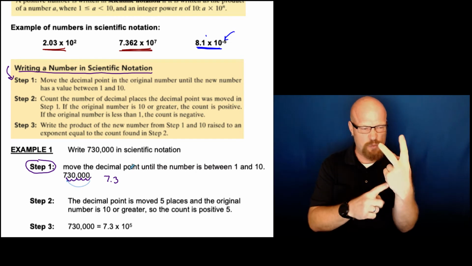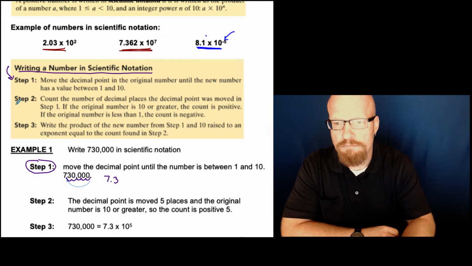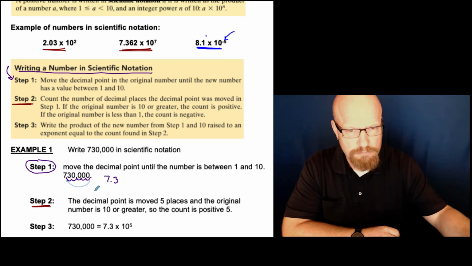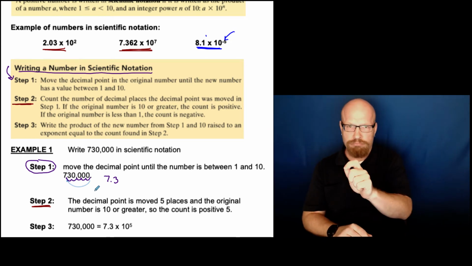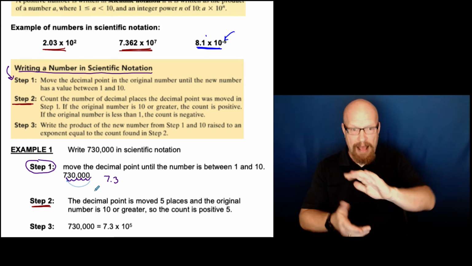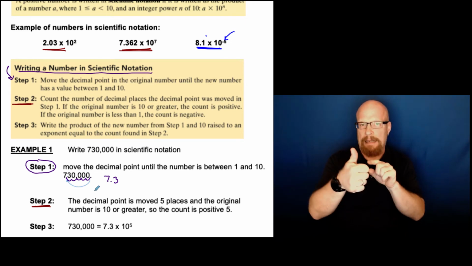Now you're going to count, this is step 2 now, how many places you moved to the left. And that becomes the exponent for 10.